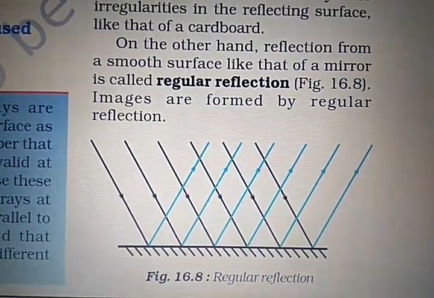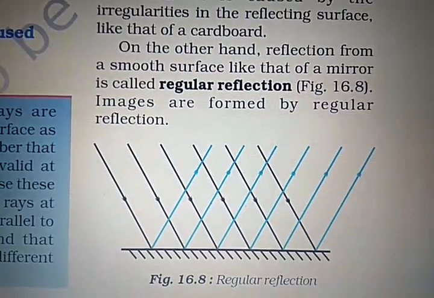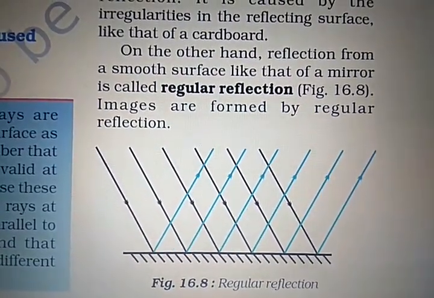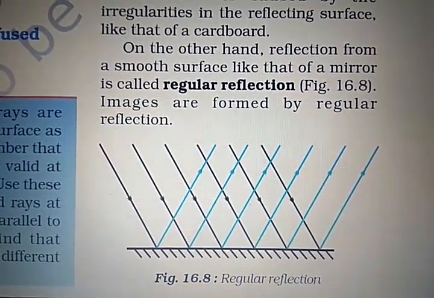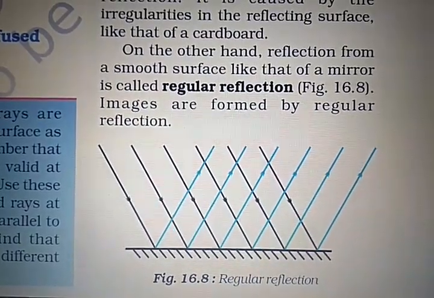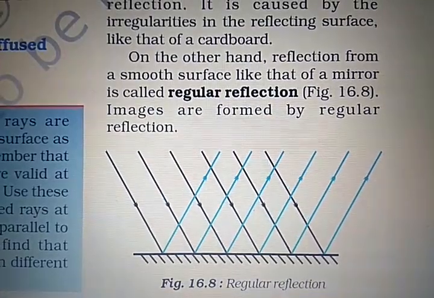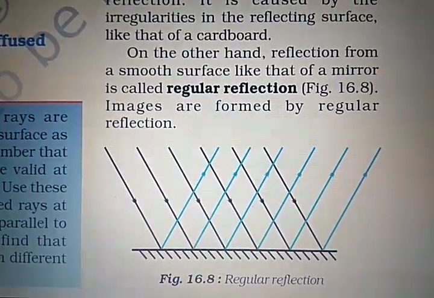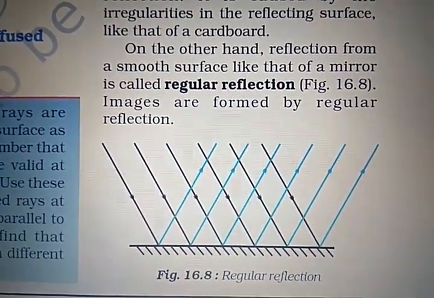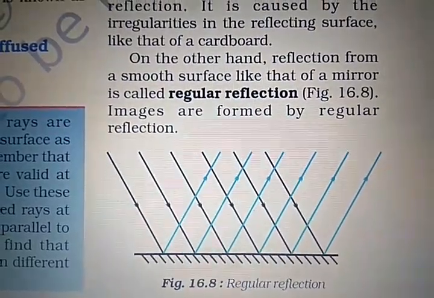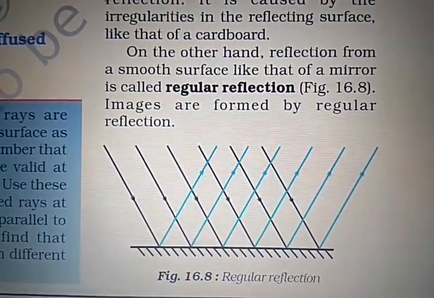So this is the difference between regular reflection and irregular reflection. Regular reflection you can find from a smooth surface like a mirror. Irregular reflection you can find from irregular surfaces, like the uneven surface of the earth.